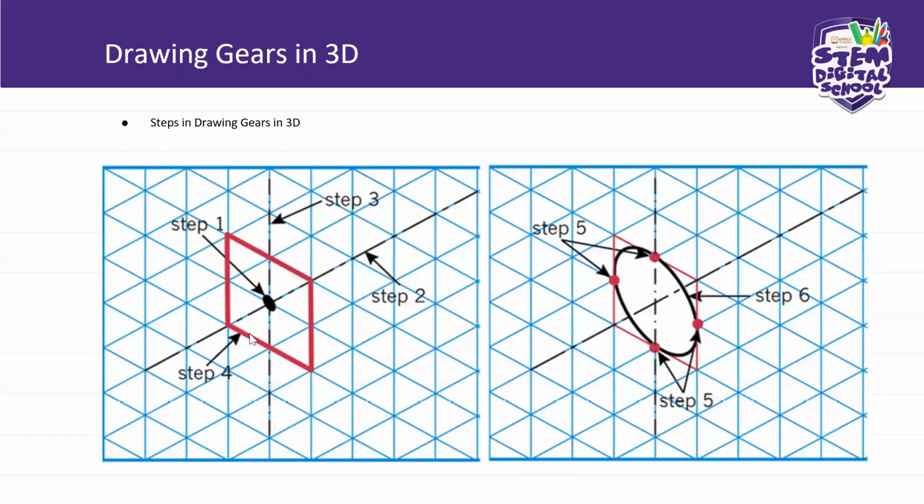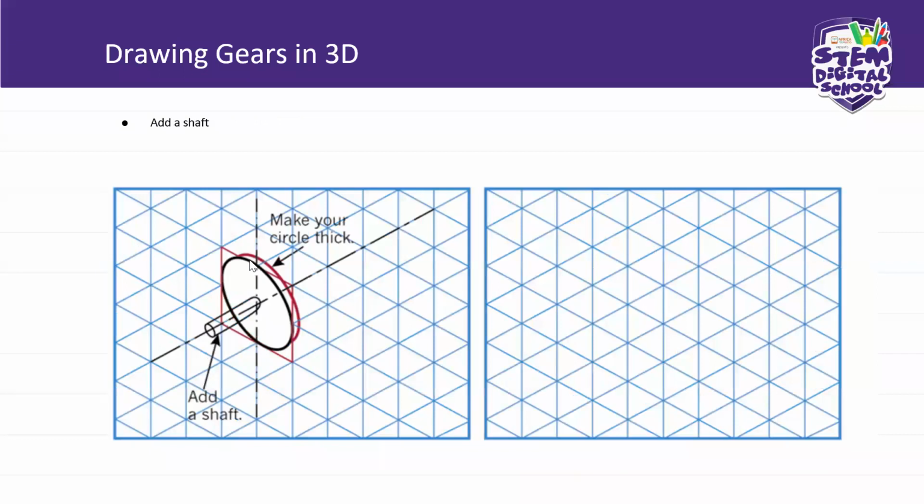And then there you have your solid line. Because it's a 3-dimensional drawing, you add another dimension to your gear. You've added it. You are making your circle 3D.